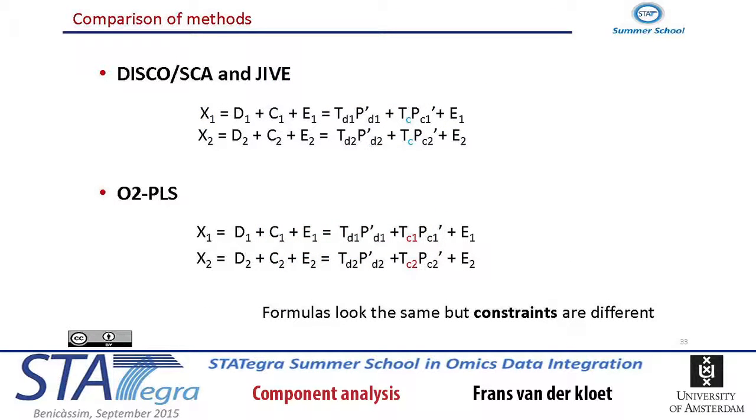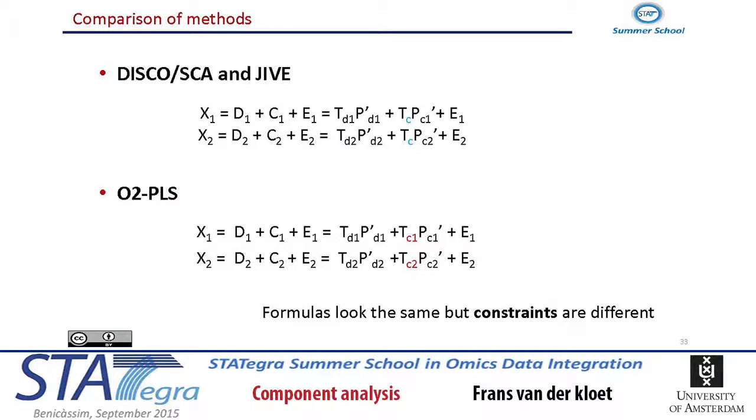And here I've actually shown Disco, SCA, but actually there's also another method, Jive, which in formula is exactly the same. So it ends up with the same decomposition in scores and loadings.